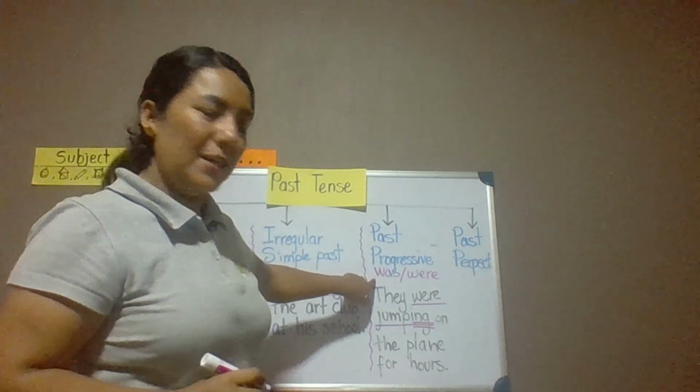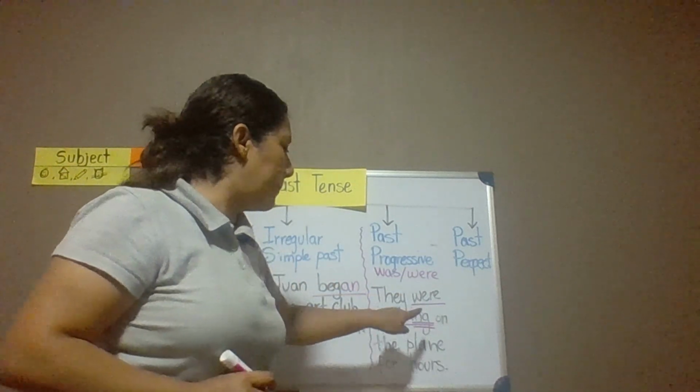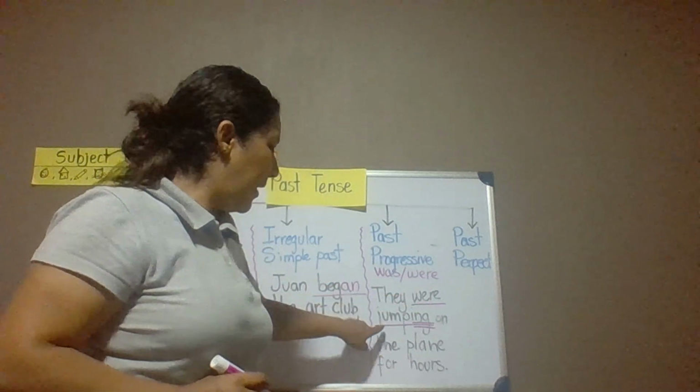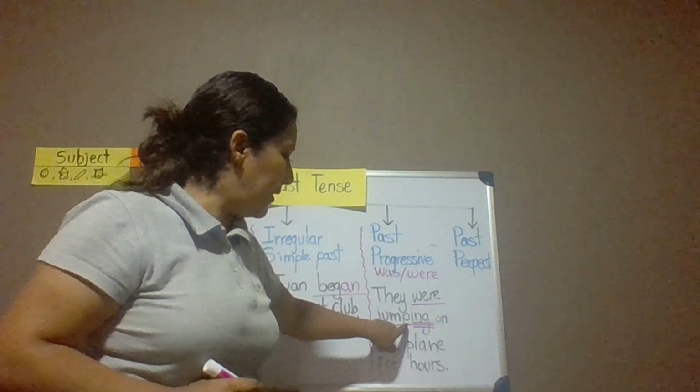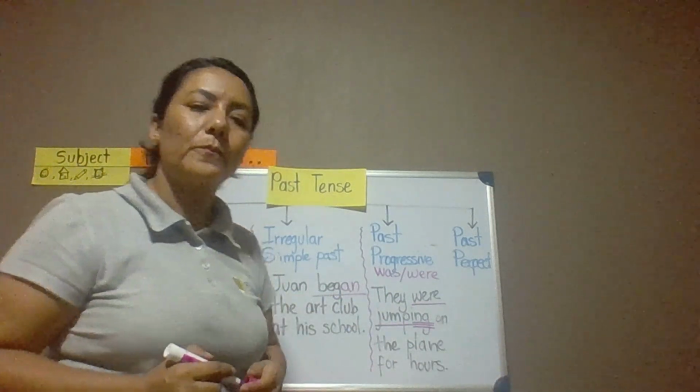Was is for singular and were for plural. So they were, it's plural, they were jumping. We need the to be form in past and a verb with an ending ing. Okay? Good.